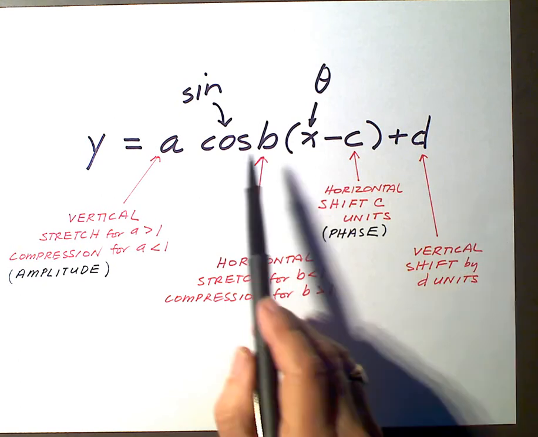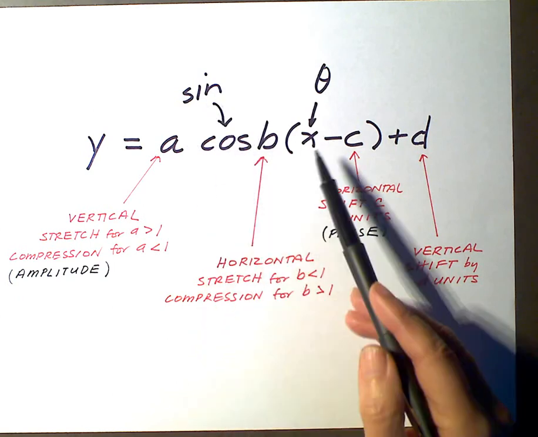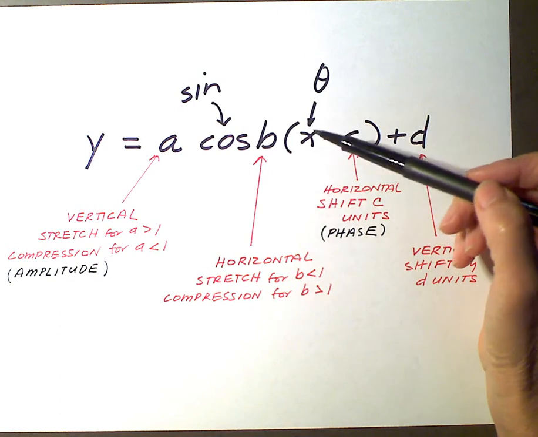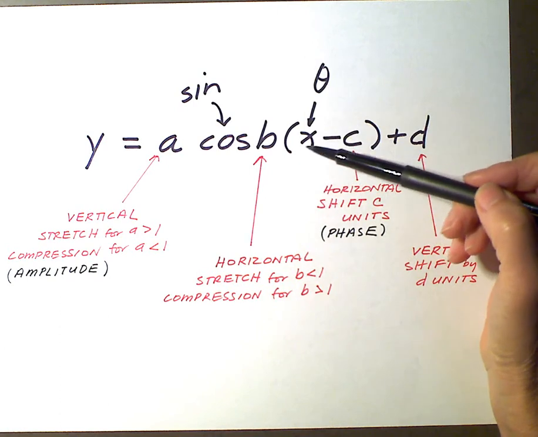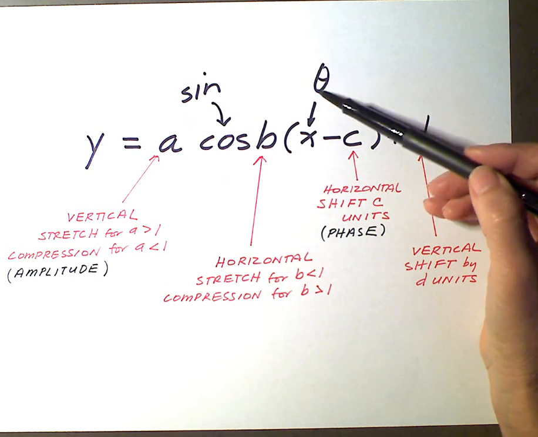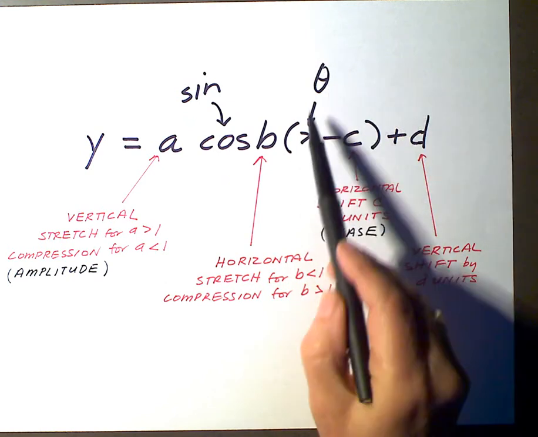So this goes for cosine and for the sine function. These are interchangeable. Also, where I put an x here, this is whatever you're measuring on the horizontal axis. It could be angle measure in degrees, it could be angle measure in decimal radians, it could be in pi radians. So it's just the angle measure. So this is interchangeable with theta.